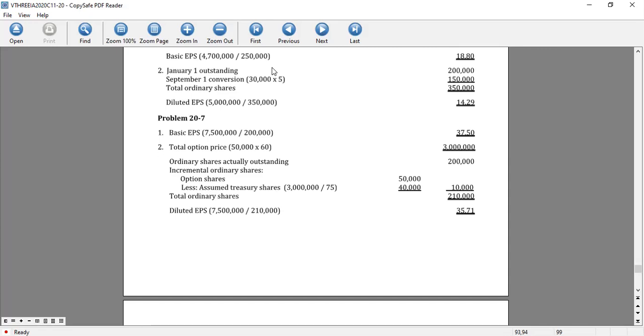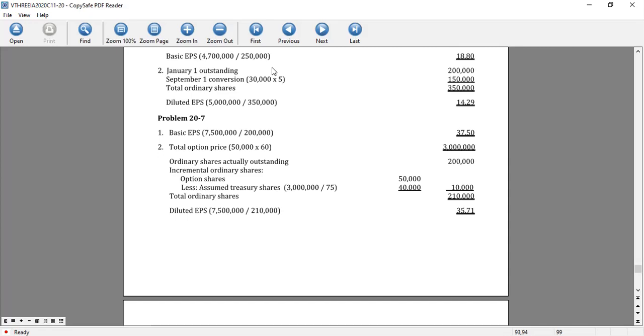Diluted earnings per share is computed based on 210,000. So number 1, basic EPS is 7.5 million divided by 200,000, while if we include the option price here, we have the ordinary shares outstanding. Then we have to add incremental ordinary shares.